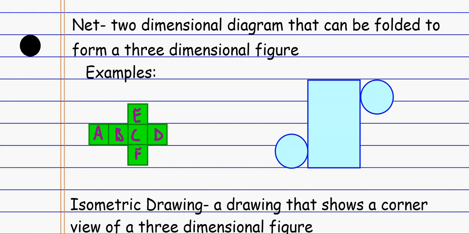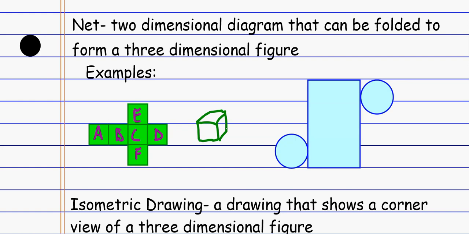If you visualize D being folded up off of this piece of paper and E being folded up and F being folded up, and then if you folded up A and B together and then folded A back down on top, the shape that you end up getting is kind of like a little box, all right? And you've probably seen examples of these in real life when you've looked at a box that's been cut up and you rip the tape off, and you flatten it out. You can easily recreate those folds and fold the box back up, all right?